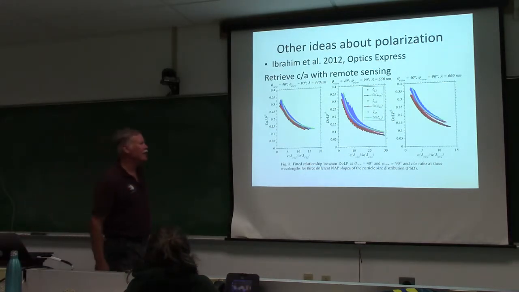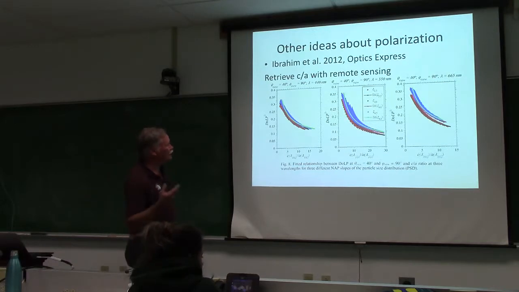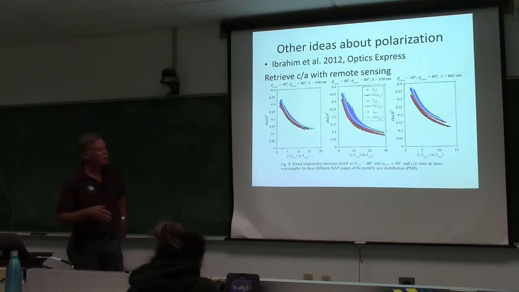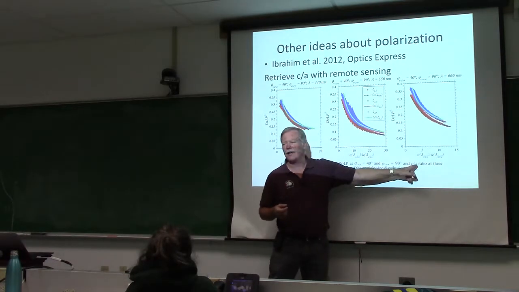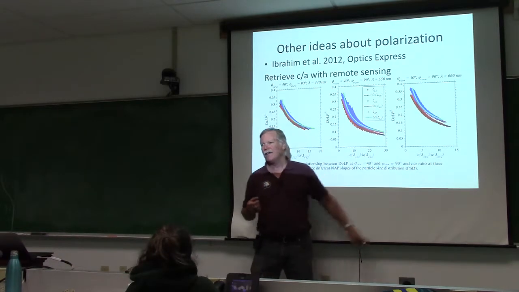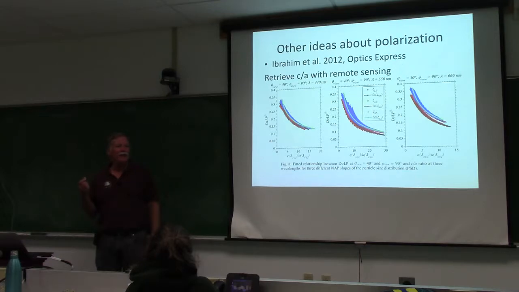Probably the most likely thing you'd be able to tell, by looking at the degree of polarization in certain directions, is a value for the beam attenuation divided by the absorption, okay? From what we've talked about, why would that be an interesting parameter to get from a remote sensing signal?